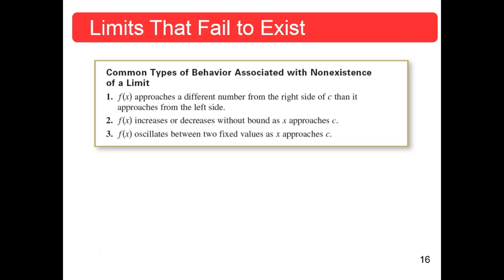I think I'm with them, because I don't consider this a very reasonable function at all, but I guess technically it is. f of x is equal to a piecewise defined function: 0 if x is rational, and 1 if x is irrational.